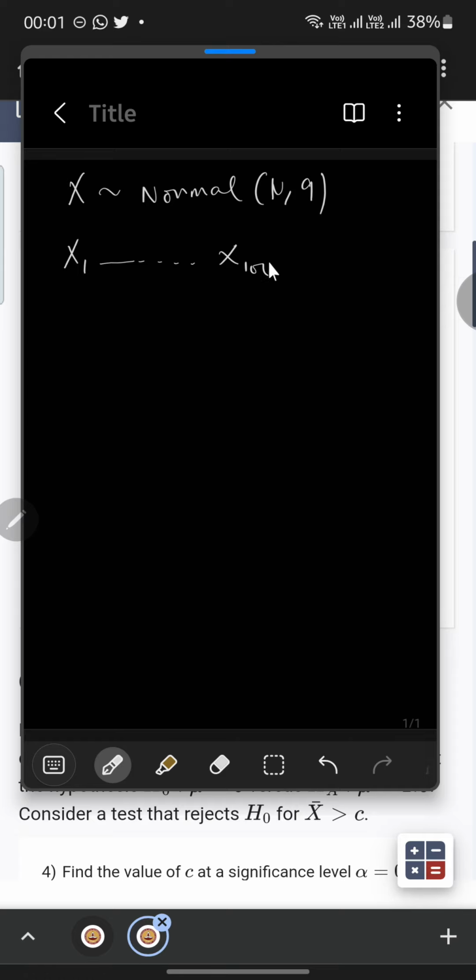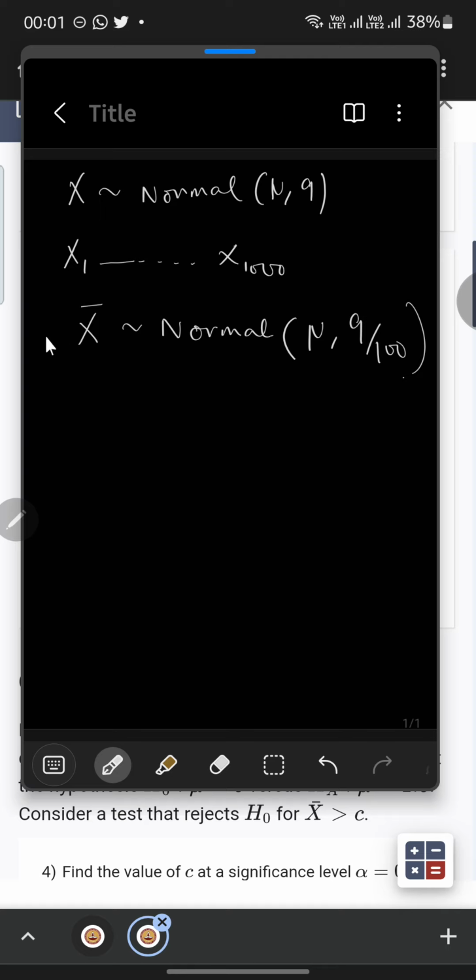So here, let us suppose x is a normal with mu and variance 9, right? IID samples are from x1 to x100, and we can say that the sample mean of x will be normal with mean mu and variance 9 by 100, right?